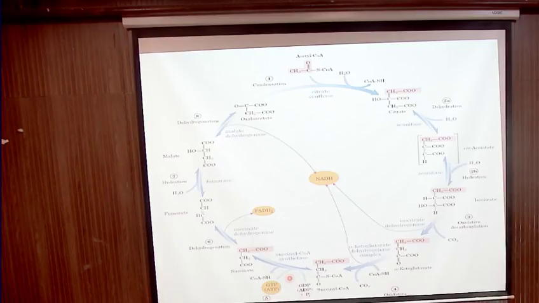Again, a substrate level phosphorylation, the only step in the citric acid cycle which produces a substrate level phosphorylation. The rest of them are all oxidative phosphorylation in the form of NADH or FADH. So succinyl-CoA, in the presence of the enzyme succinyl-CoA synthetase or thiokinase, produces succinate.